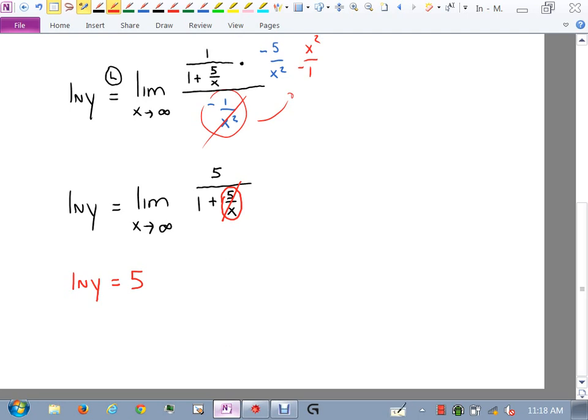So I need to release y from the natural log. To do that, I come in with e on both sides. So I'm going to take e to the natural log y equals e to the 5th power. And the left side just turns into y, and the right side is e to the 5th power.